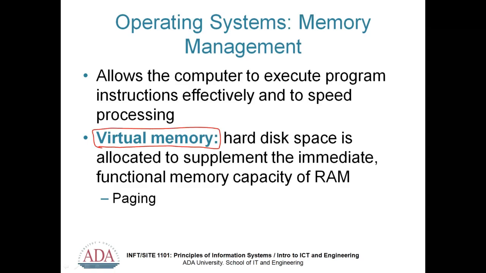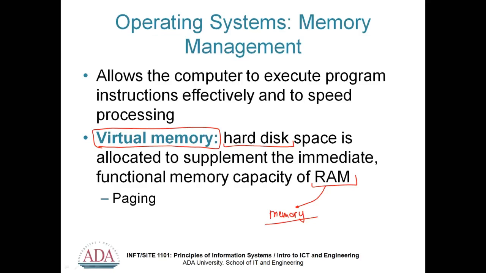It's when hard disk space is used to give you additional capacity if your RAM capacity is not enough. You remember RAM, your primary memory. To run any program, you need to load it to your RAM, and to process data quickly, you also need to load it to your RAM.